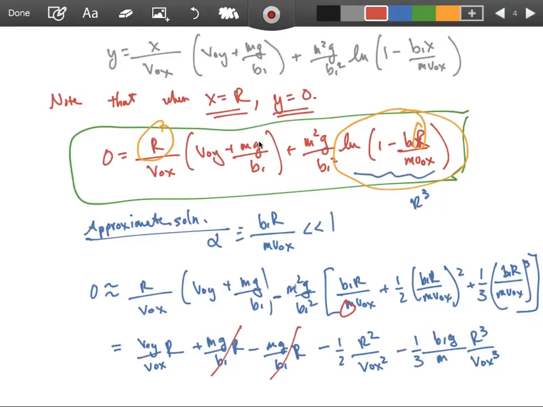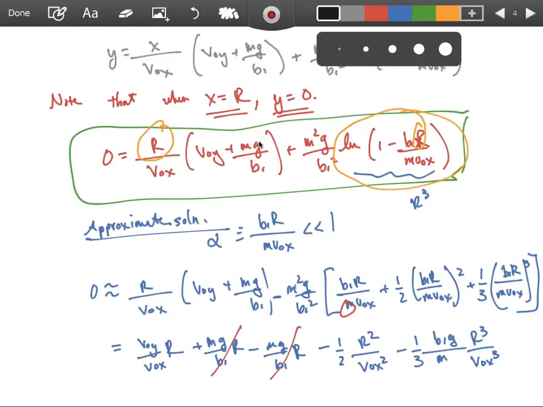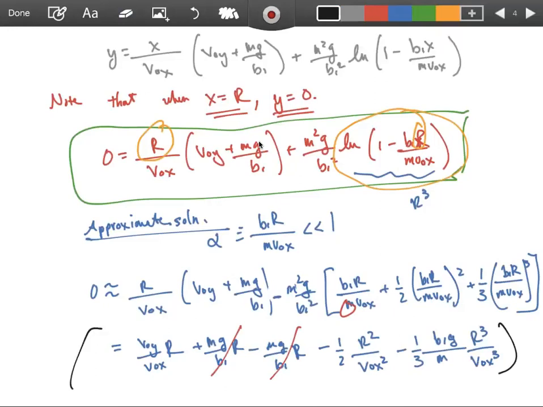So good. Now from here, what I'm going to do is multiply both sides by a term just to reduce this a little bit better. So I'm going to multiply this by 2v initial x squared divided by g times r. So that this thing is then going to simplify to, once I solve for r, r then is going to be equal to 2v initial x, v initial y divided by g minus 2/3 of then v1 divided by m v initial x r squared.